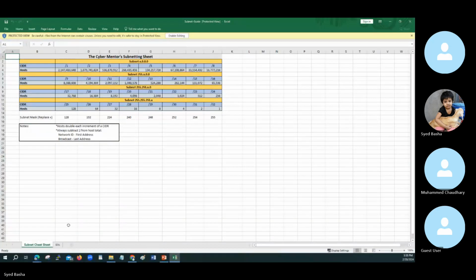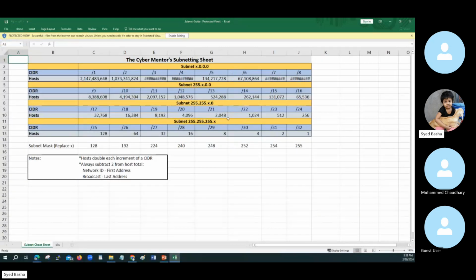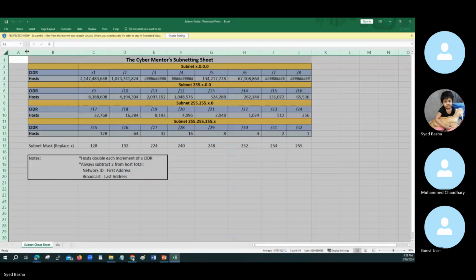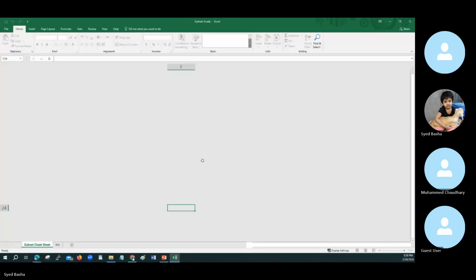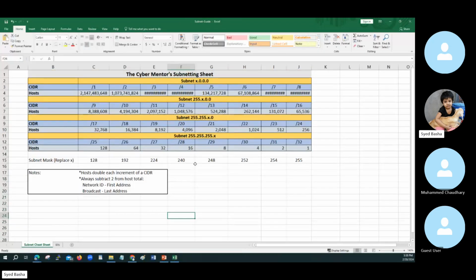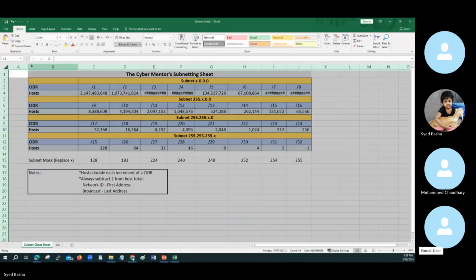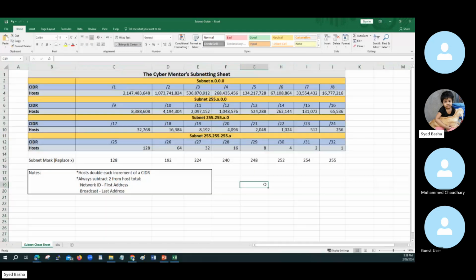You can see my screen, right? What do you see? Subnetting and IP addresses, right? Okay, fantastic.